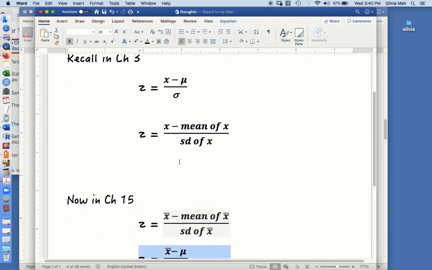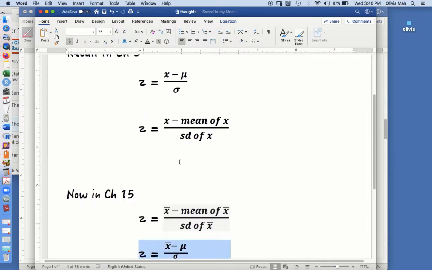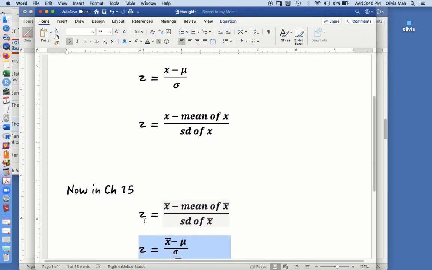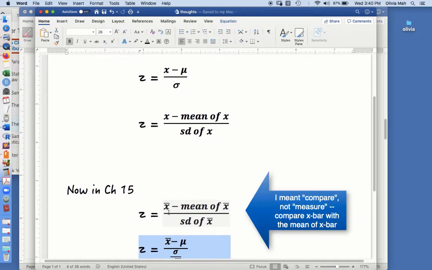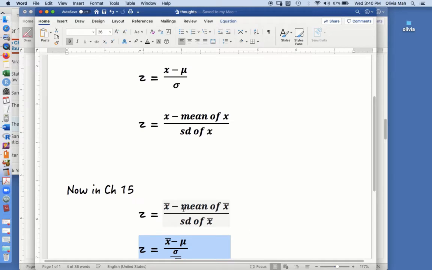Now by using similar concepts, in chapter 15, we are concerned with x bar, not x anymore. We want to measure a sample mean against the center of all sample means, meaning that we want to measure x bar with mu, because mu is the mean of all sample means.